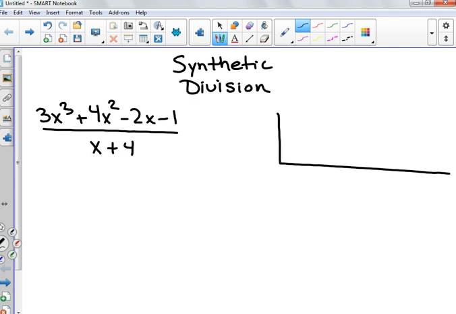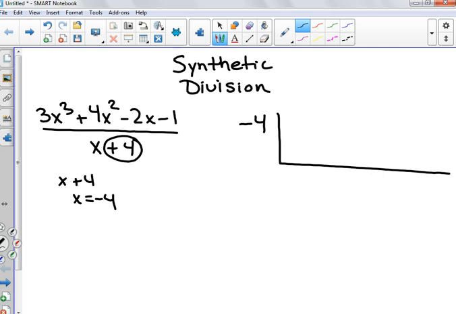All right, so first things first, we're going to take the opposite of that. So basically we are setting this equal to 0 and solving for x, so we'll get x equals -4. And that is going to go here.